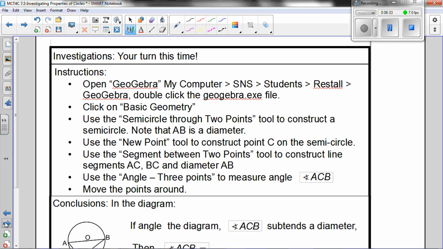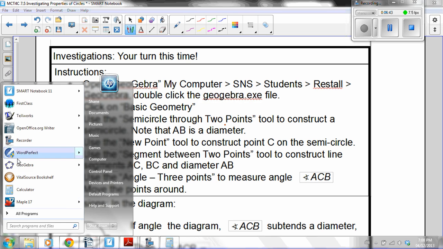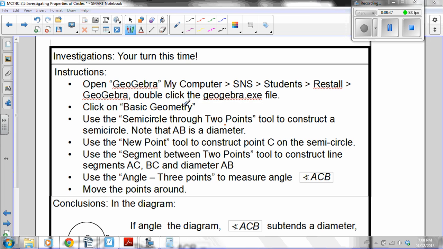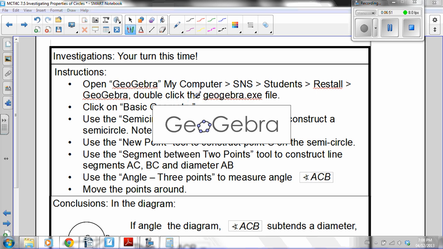The one thing that I want to mention at the end is Geogebra. We've used Geogebra before. Remember, that's the symbol for it. You get it going, and you do have to be patient with Geogebra once you get going. It does take a long time to load on our computers, even on my computer, as we can see.